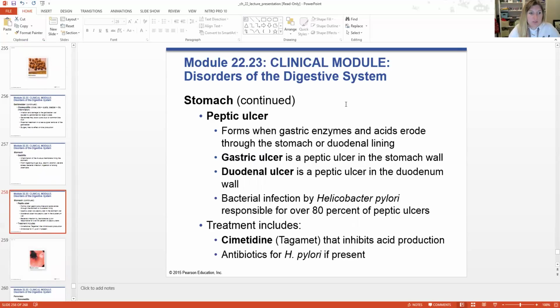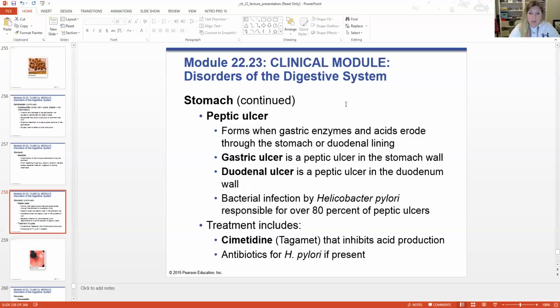Your stomach can also develop what's called a peptic ulcer. This forms when those gastric enzymes and acids basically eat away at the lining of the stomach or the duodenum. A gastric ulcer is in the stomach wall, a duodenal ulcer is in the duodenum wall. There's also an infection caused by Helicobacter pylori that's responsible for the majority of peptic ulcers.